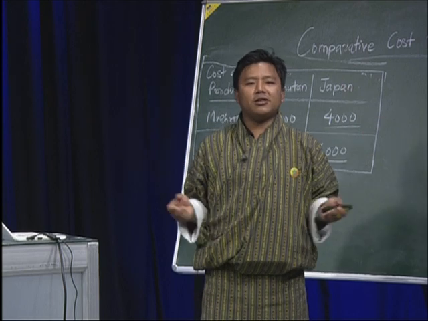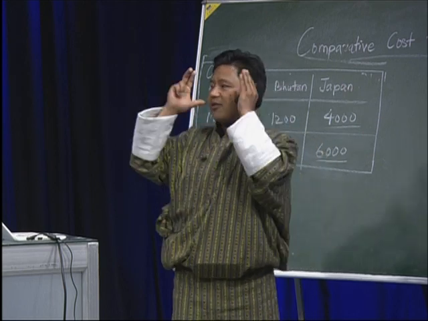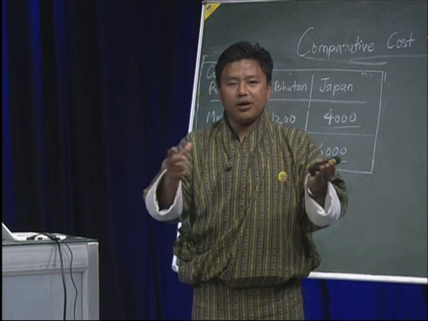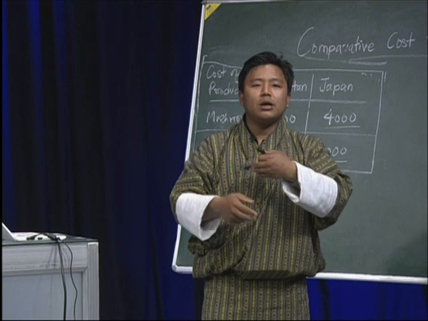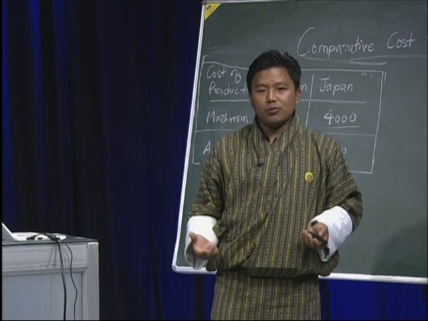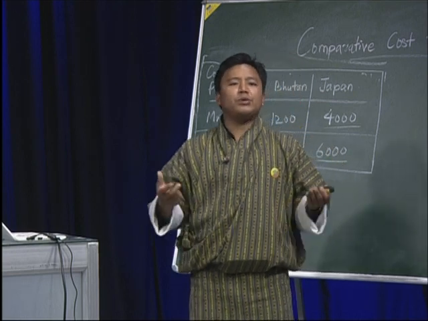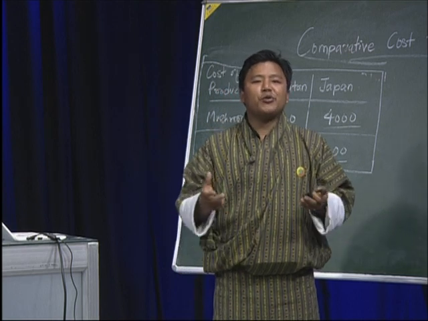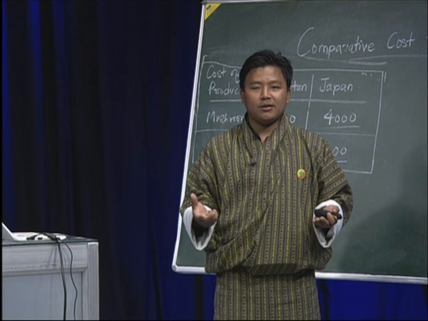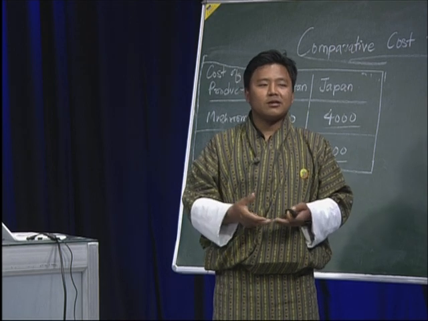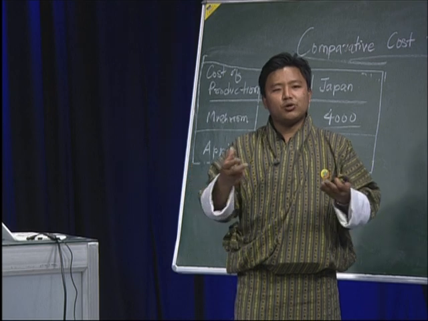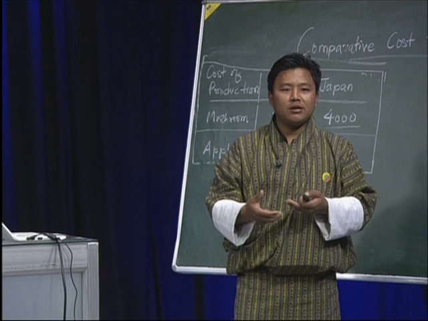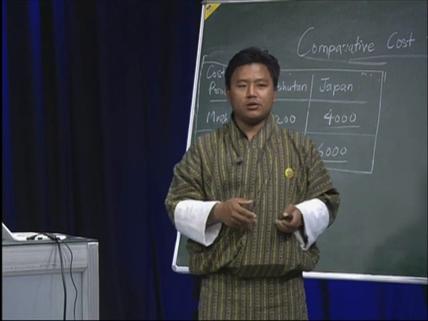Now my question here is, should Japan focus on production of mushroom or apple? And why? Because the relative ratio is very high. So we use the relative productivity ratio to calculate the comparative cost theory. And with this relative productivity ratio, we can also find the point of specialization for both the countries.